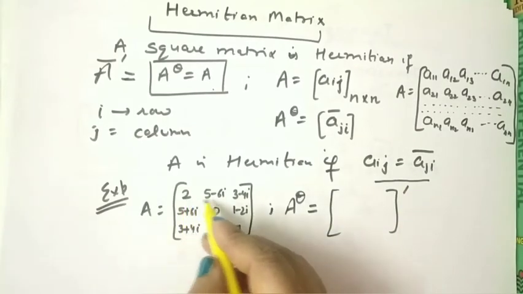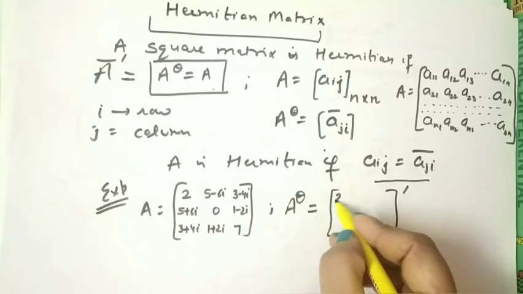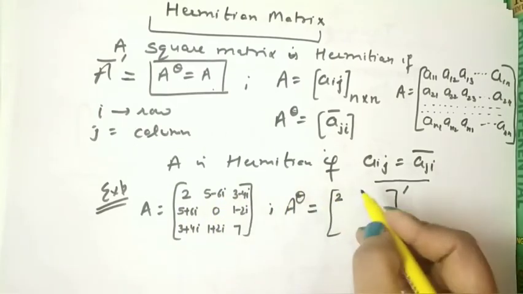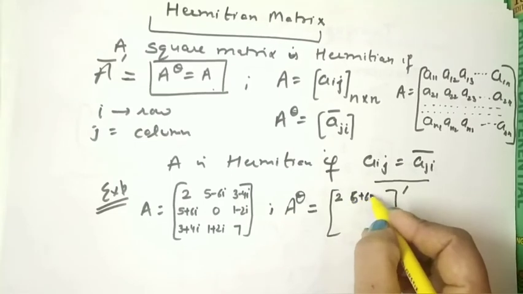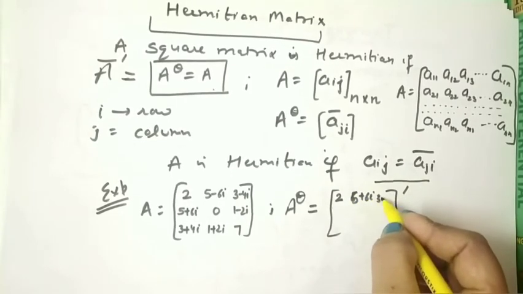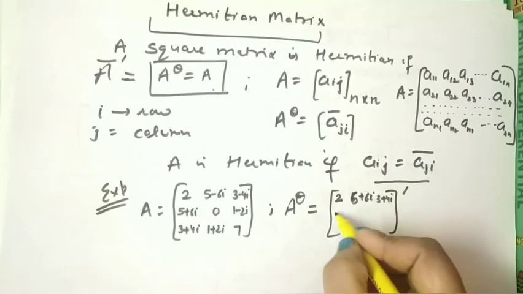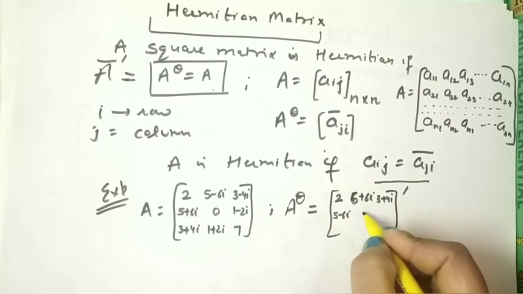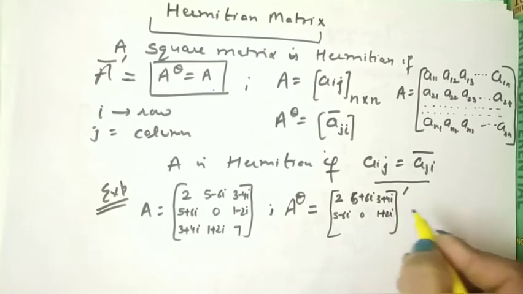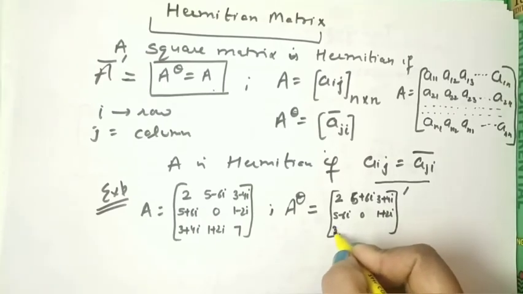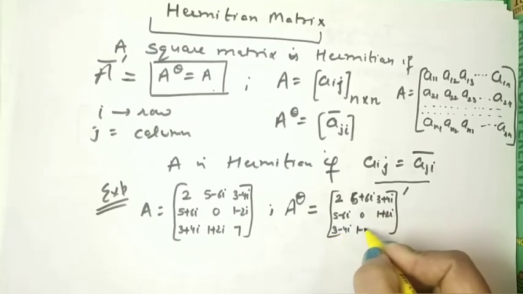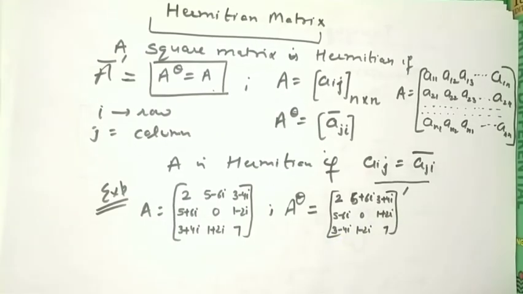Conjugate means the real number will be the same, but if it is a complex number, you have to change the sign. So 5 plus 6 iota, then 3 plus 4 iota, then 5 minus 6 iota, 0, 1 plus 2 iota. You just see the numbers containing iota and change their sign, keeping everything else the same. So this will be the conjugate.